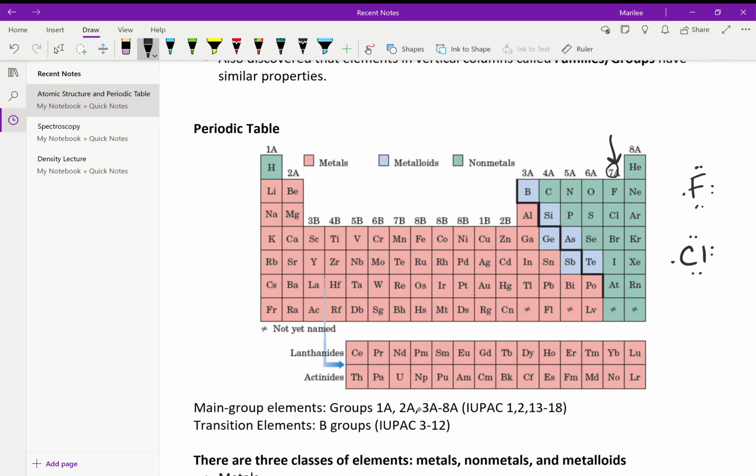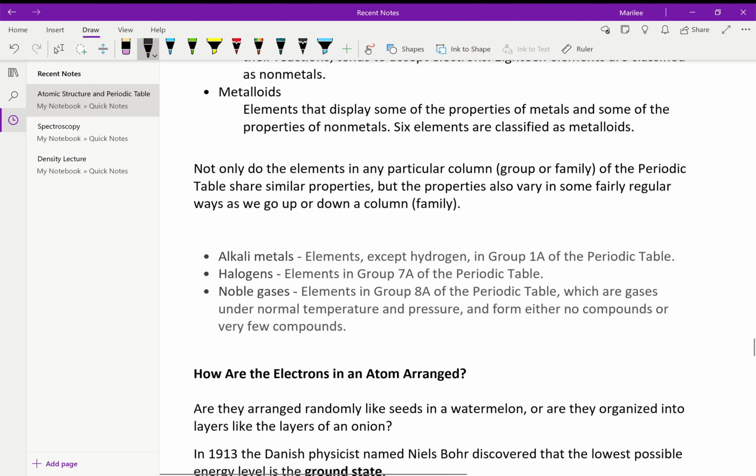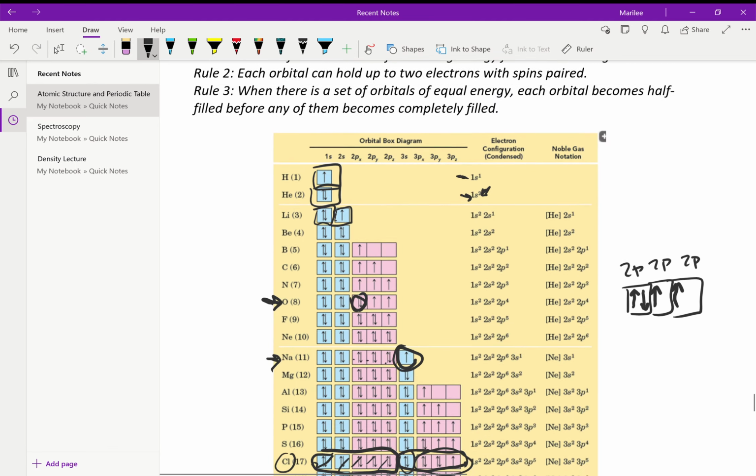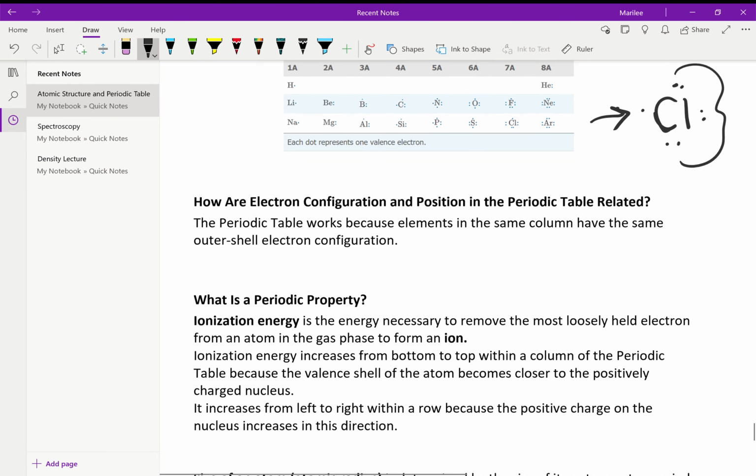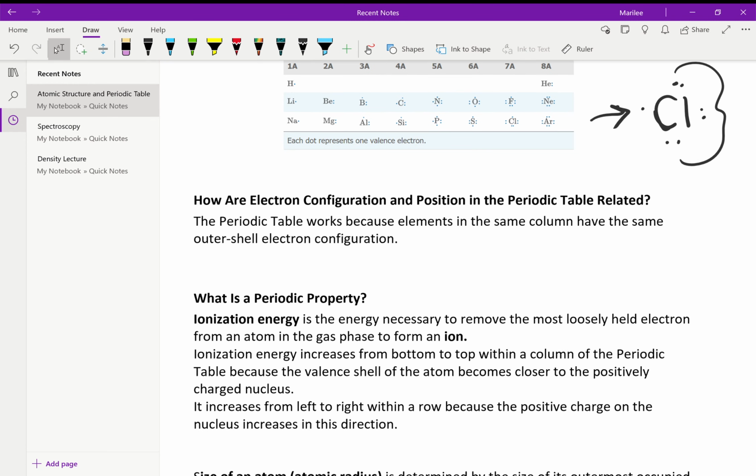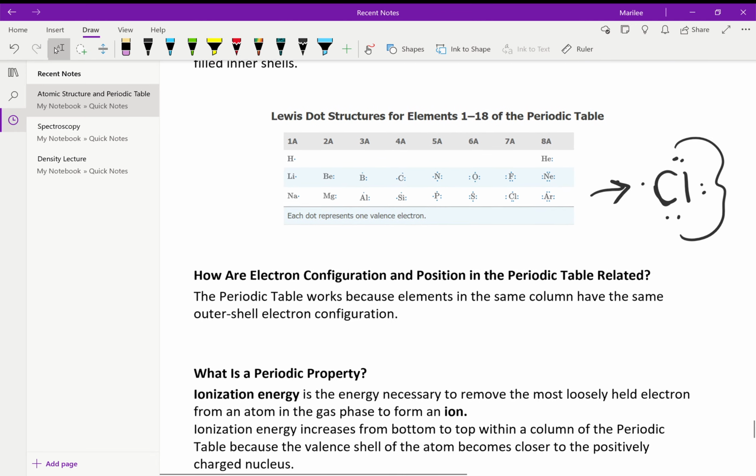But we know that chlorine, the nucleus, is more dense, has a higher mass than fluorine. Going back to where I left off, this picture actually shows what I just mentioned. You see here how hydrogen has just one, lithium also has one, sodium also has one.